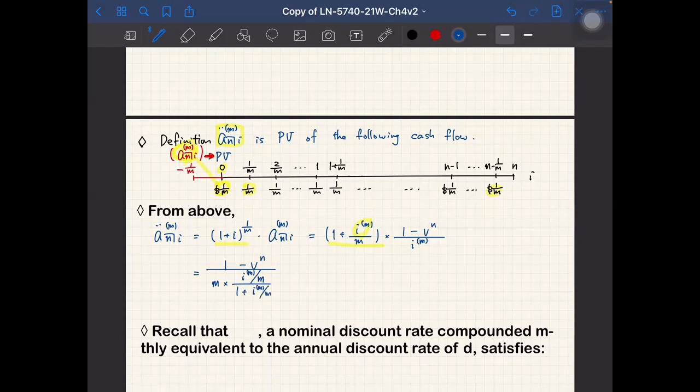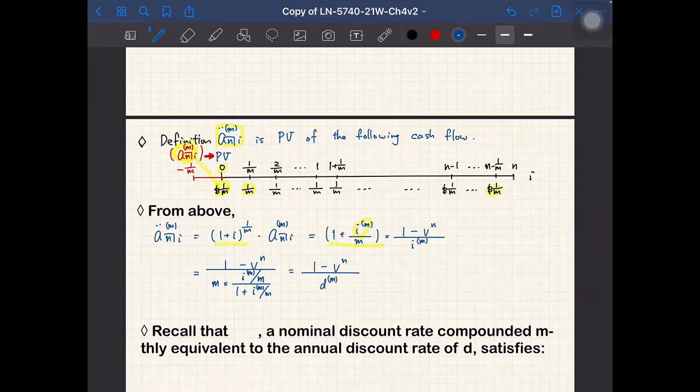And if we simplify this, the denominator becomes d superscript m. Remember that this is the discount rate for 1 over m year, but it's expressed as the annual discount rate.